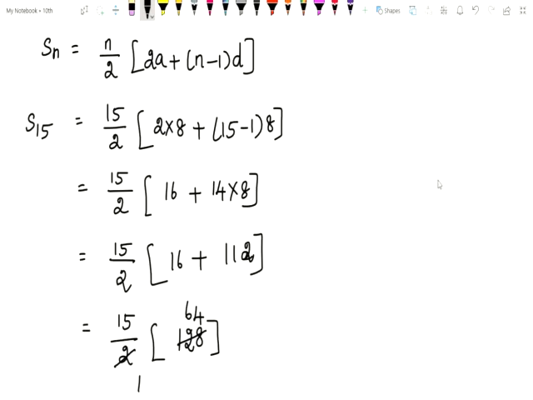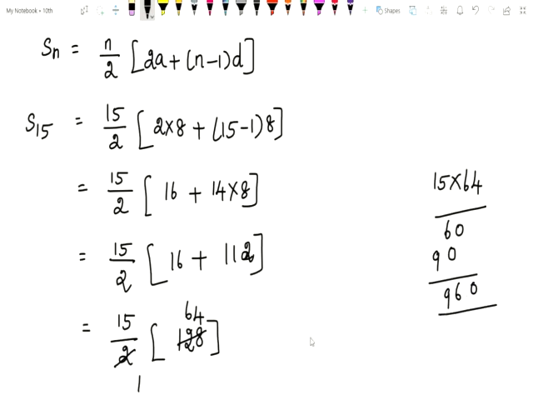Now multiply this, 15 into 64. 4 5s are 20, 0 remaining 2, 4 1s are 4, 4 plus 2, 6. 6 5s are 30, 0 remaining 3, 6 1s are 6, 6 plus 3, 9. 0, 6, 9.